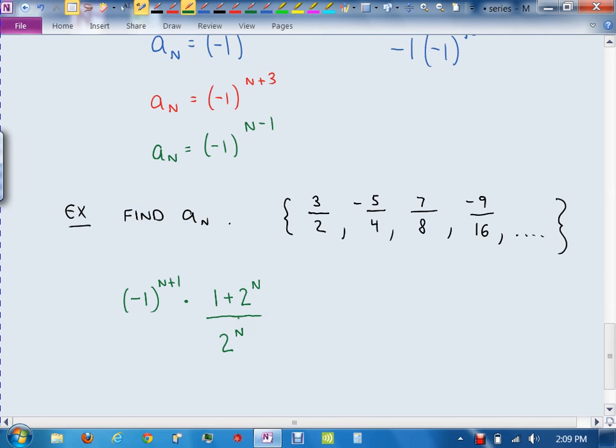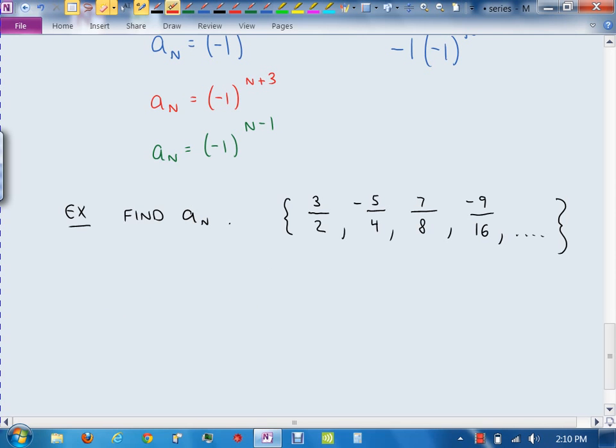Let's see. 1 plus... It's close. Just one thing in the numerator is all you have to fix. The numerator needs to be something other than 1 plus 2 to the power of n. 1 plus 2n. Just 2 times n. Okay, but let me get to that. Very good. Let's act like that didn't happen, okay?